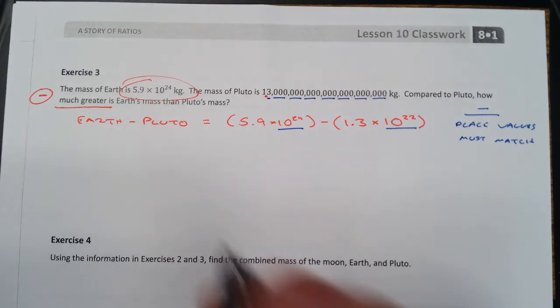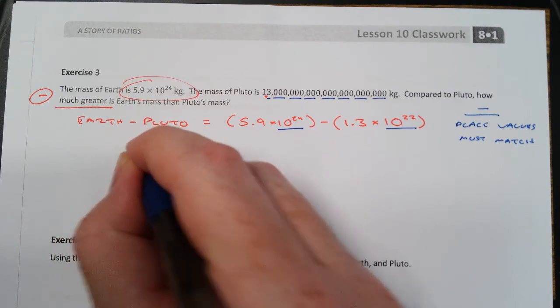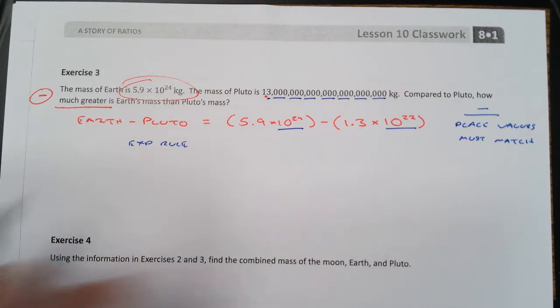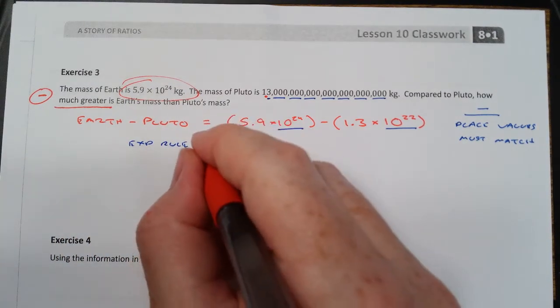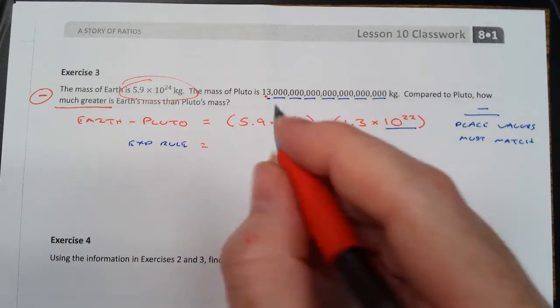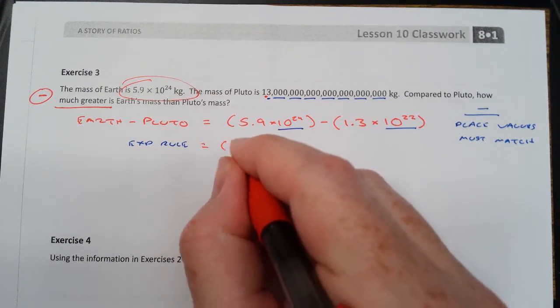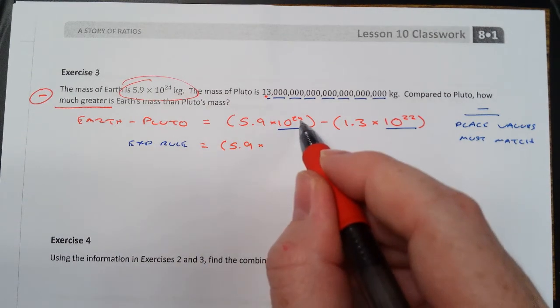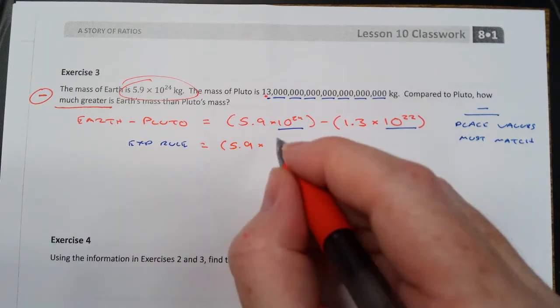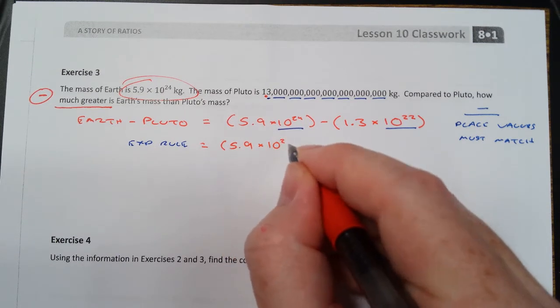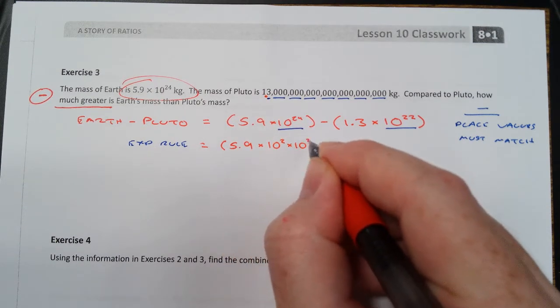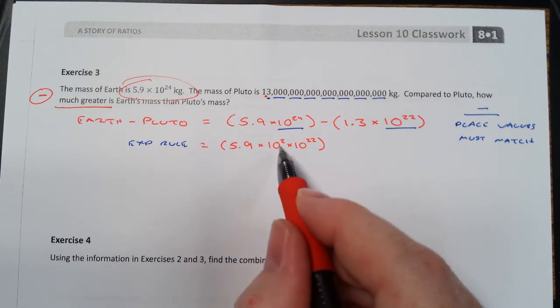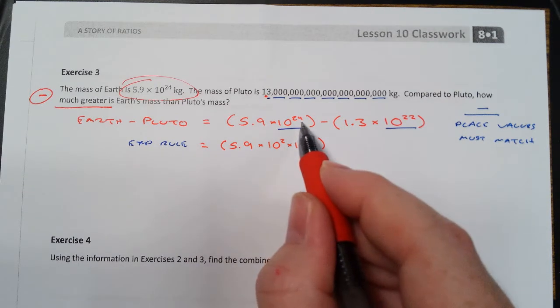Like we've done in previous lessons, I'm going to use an exponent rule to make them match. I'm going to do it with the Earth's mass. Because I know the exponent rules, 10 to the 24th is the same as 10 to the second times 10 to the 22nd, because I can do 2 plus 22 to make 24.